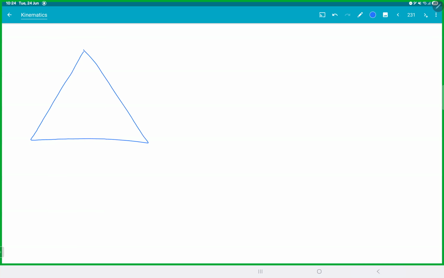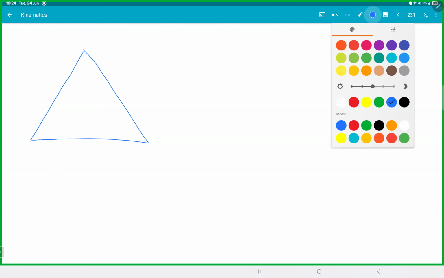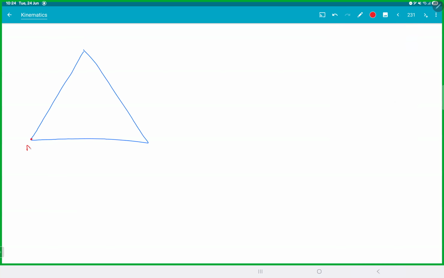Initially, when the triangle is like this, this point A is going with speed u. B is going with speed u. C is going with speed u. Listen carefully. This is the idea for the problem later on also. This is your centroid. And this angle is 30 degrees.